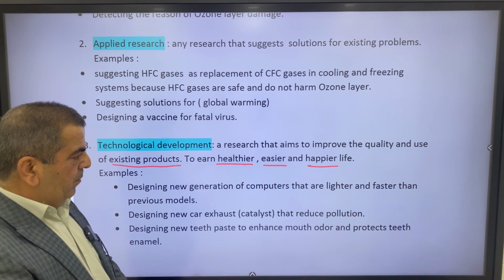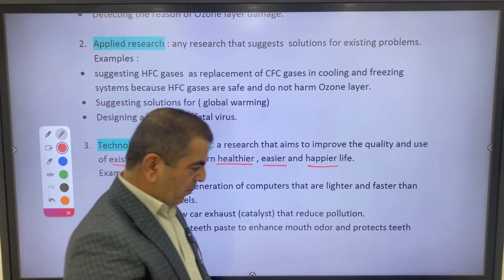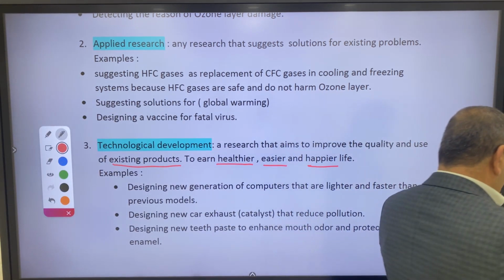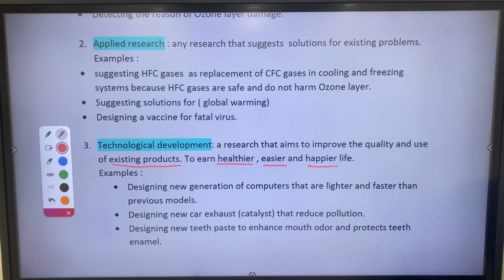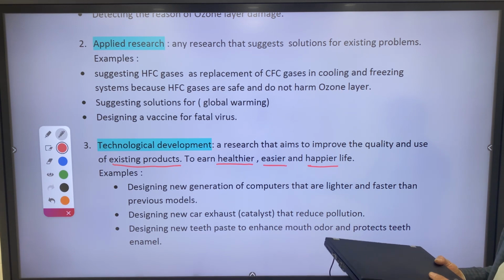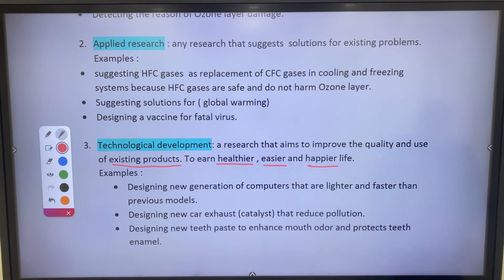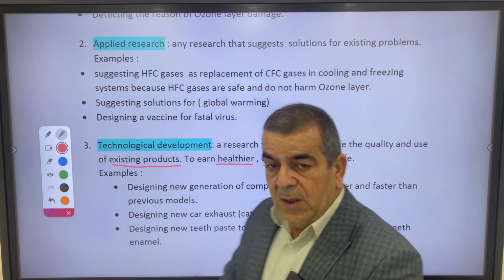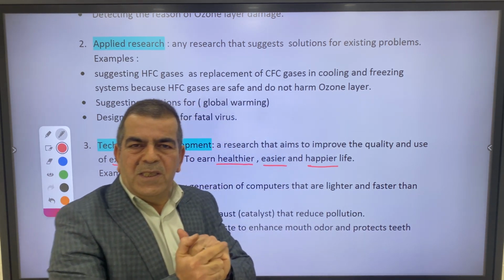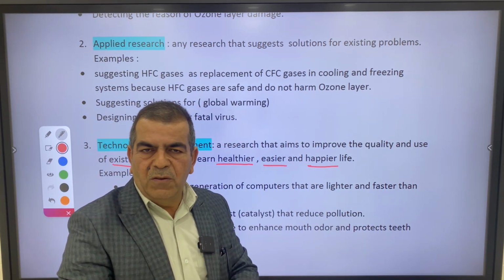So for example, you have your own computer, like the computer here. It feels a little bit heavy. Besides, it's not as fast as required. So the researchers in this field will design a new model of computer.